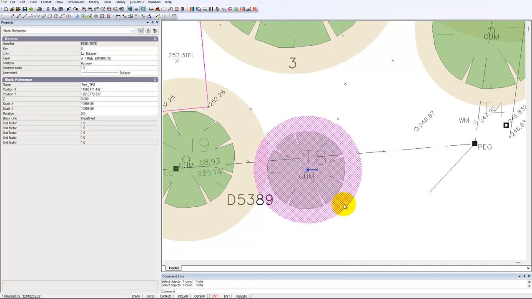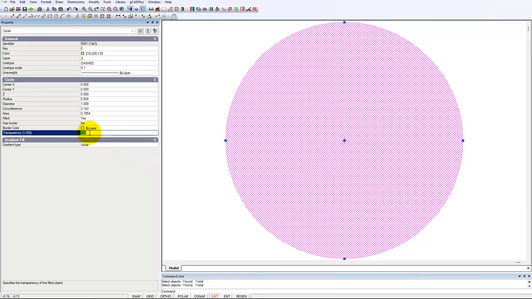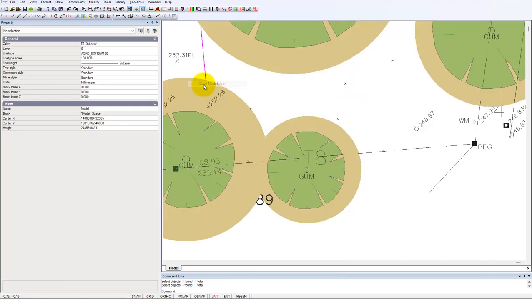If I select that block tree_TPZ and edit it and pick in here, 100 is not 100% full, it's less than half, because we can set the maximum in GCAD Plus to 255.